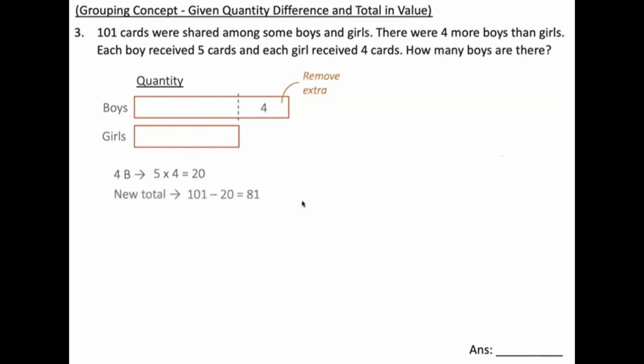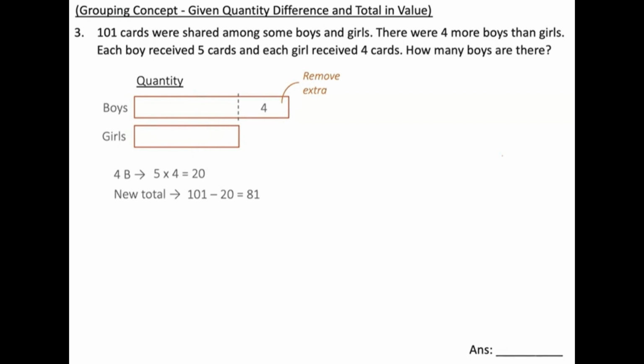So why do we always do that? When we do that, we get 81. The common mistake people make is to say 81, then I should divide by 2, right? No. These 2 are the number of boys and girls, not the number of cards.